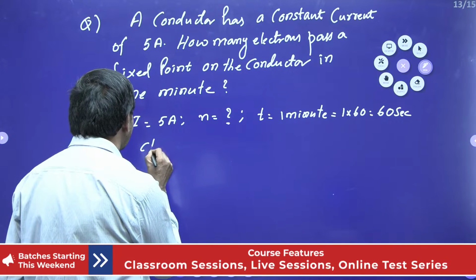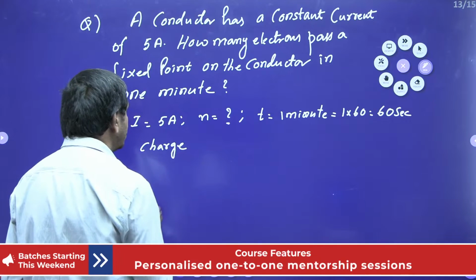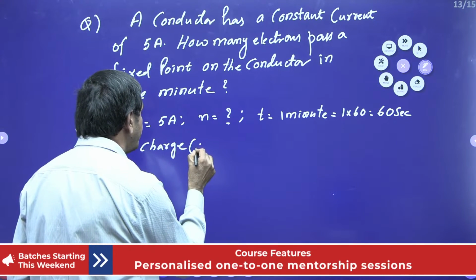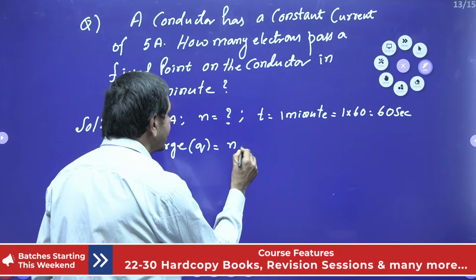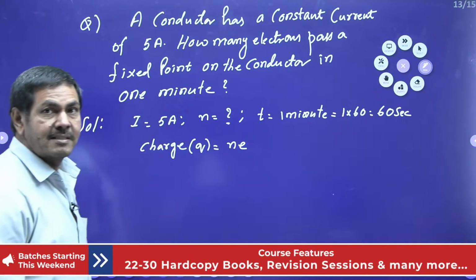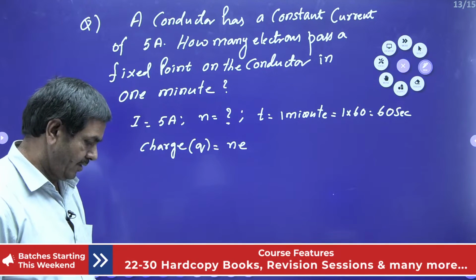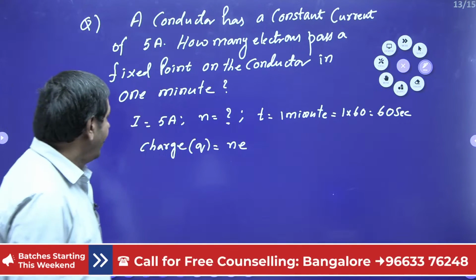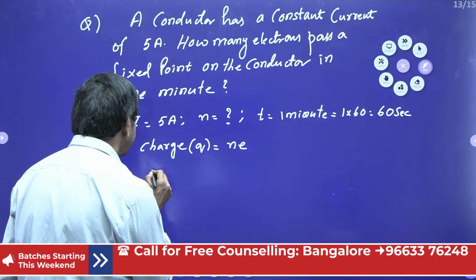Charge equal to what I gave already. The charge, given the name Q, is nothing but N into E, I said already. The charge equal to N into E. And here I am in need of what? Current equal to, everybody knows.